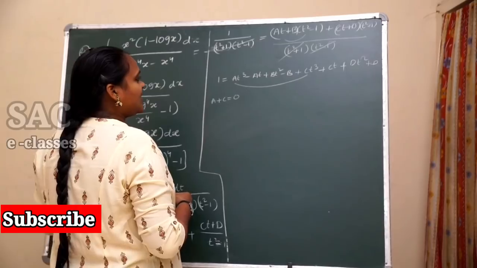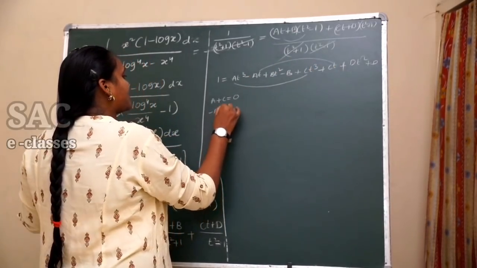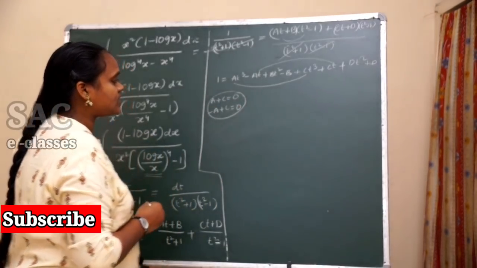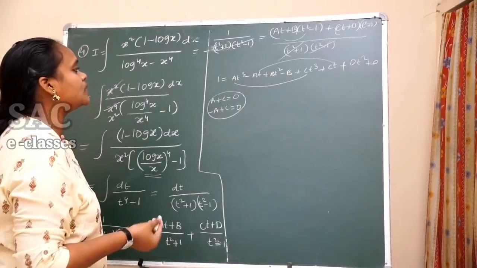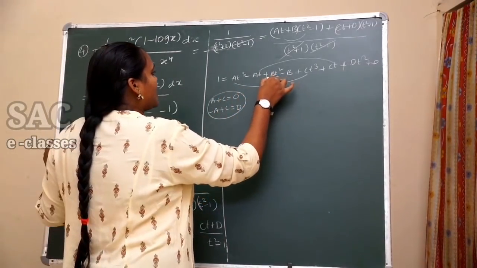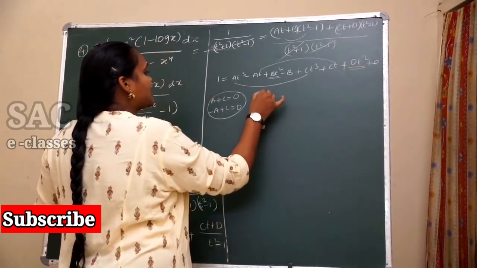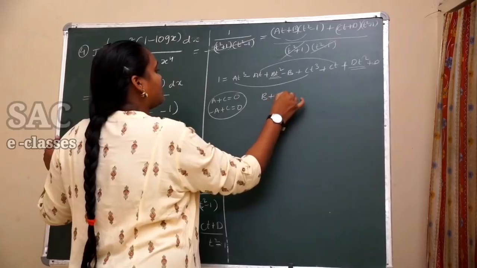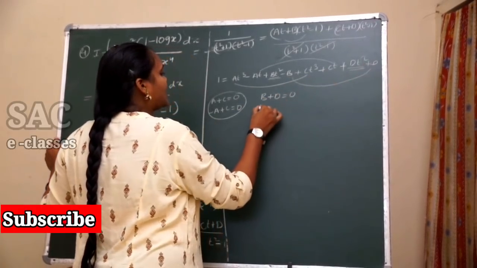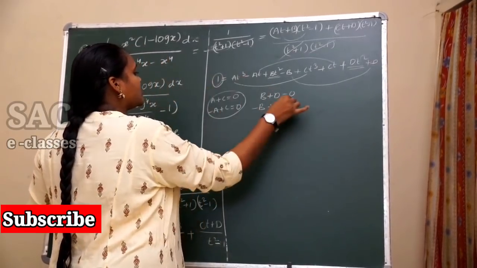By comparing the t coefficients also, minus a plus c equal to 0. Sum and difference between any two terms is 0. Obviously those are zeros. Let us go for the rest of the terms by simplifying the b and d terms, nothing but t square term, b plus d equal to 0. Go for comparison with constant, minus b plus d equal to, here constant term is there, 1.